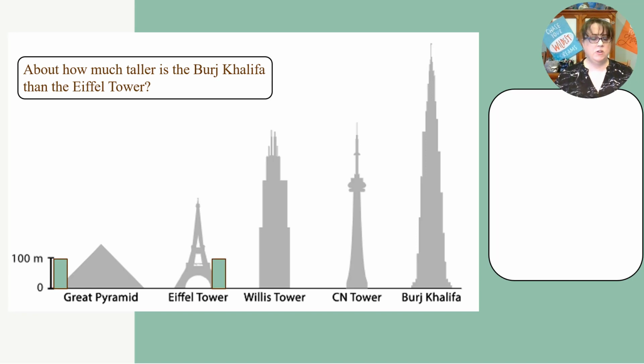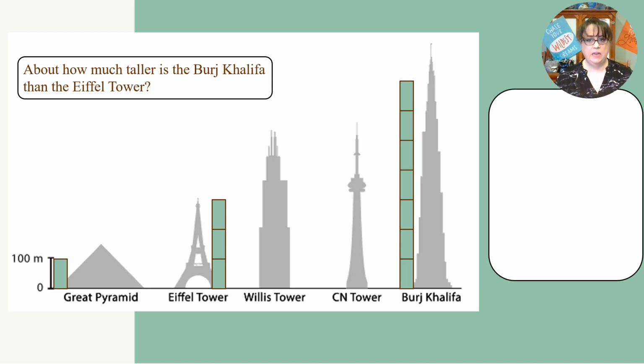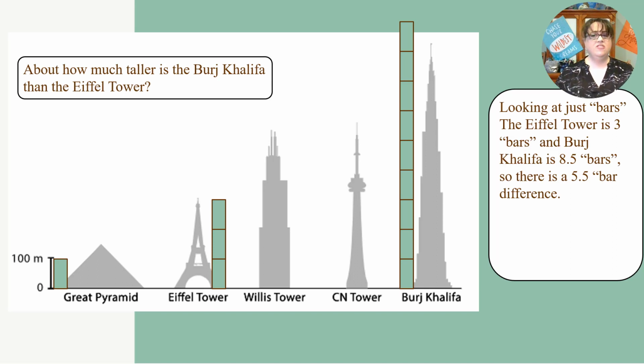So the Eiffel Tower is 1, 2, 3 bars tall. And the Burj Khalifa is 1, 2, 3, 4, 5, 6, 7, 8 plus a little bit more. So 8.5, we'll call that 8.5 bars tall. So looking at just the bars, I can say Eiffel Tower is 3 bars tall and the Burj Khalifa is 8.5 bars tall.